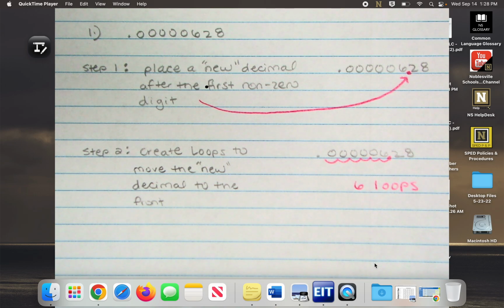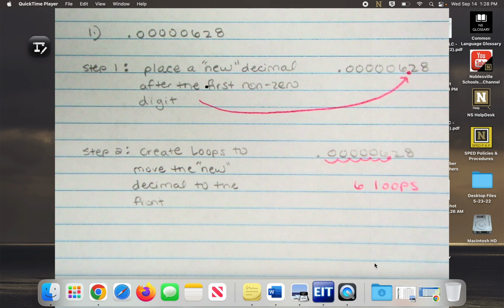Yeah, you have to know where to start your loops. You have to put your decimal there to know where to start your loops to move to the left. What if you did the decimal and then moved it to the first non-zero digit? There's a reason we're doing it this way, and I'll tell you about it in just 1 second. I see what you're saying, but there's a method, I promise.